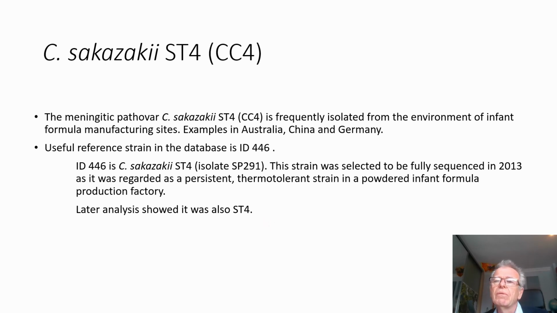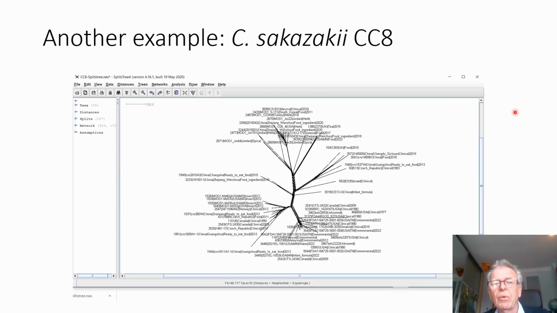Now, just to show that it doesn't happen only in CC4, I did a quick example. You're looking at clone complex 8, and again, when we do the COG analysis, so CC clone complexes are only on 7 loci. When we do over 1,800, we get greater differentiation and clustering.